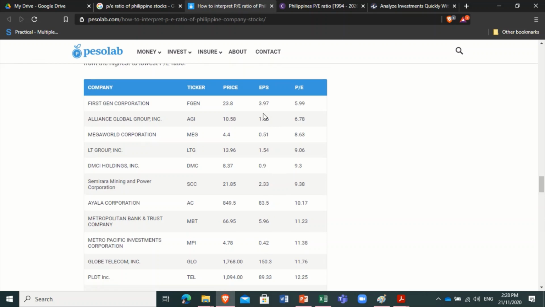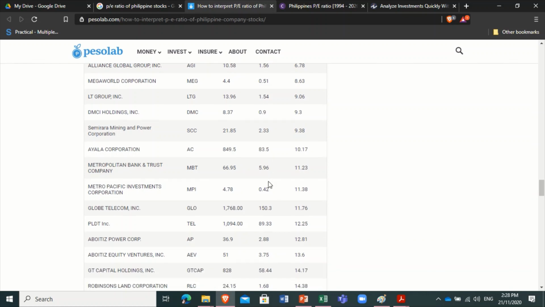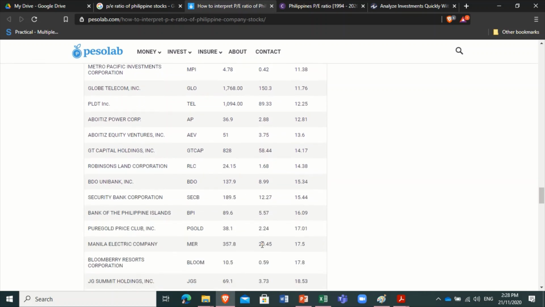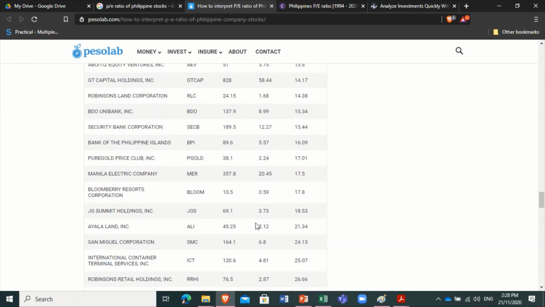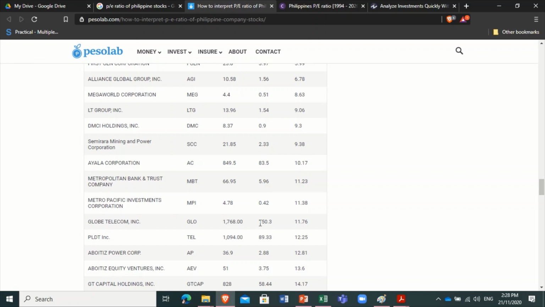So, tignan nyo naman as compared to the other blue chip stocks, napakalayo ng difference, if you try to look at LT Group, Semirara, napakalayo. Except for Globe, comparable siya with PLDT, but the rest are relatively low. So if you're looking for stocks that you would want to invest in, you'd go for higher earnings per share.